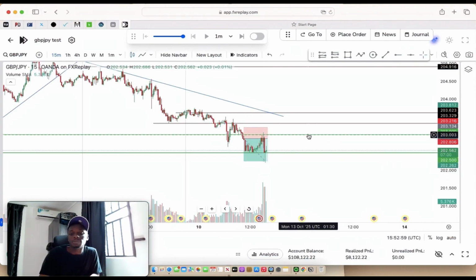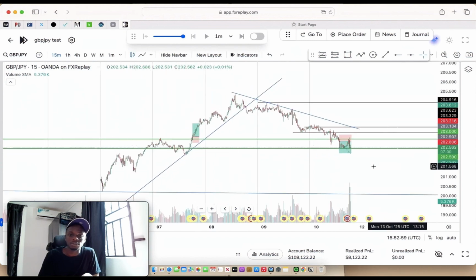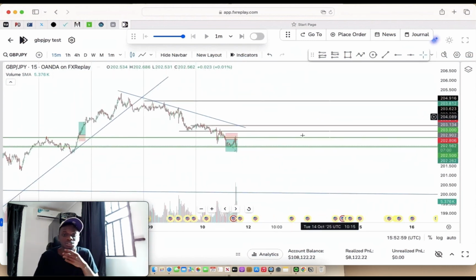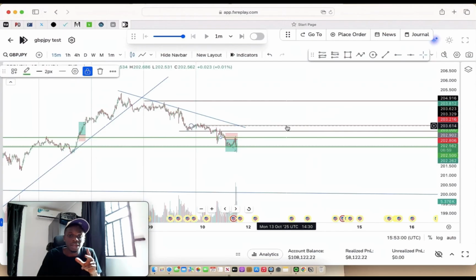I'll do a review on that on the backtest once I'm done, because my backtesting session is very slow. Here we are just getting set up for now. I expect two clean setups every week.